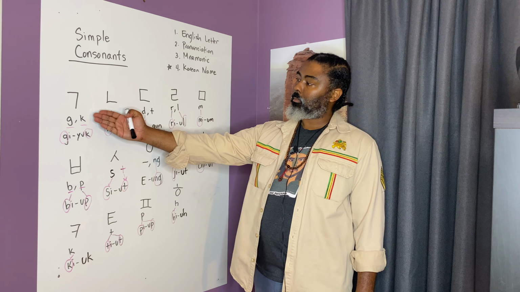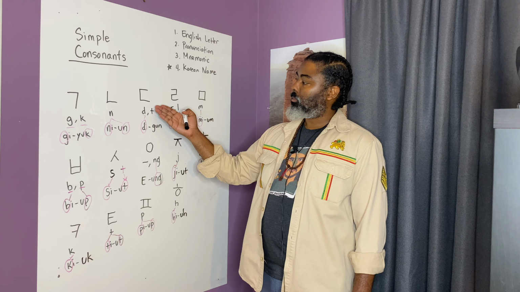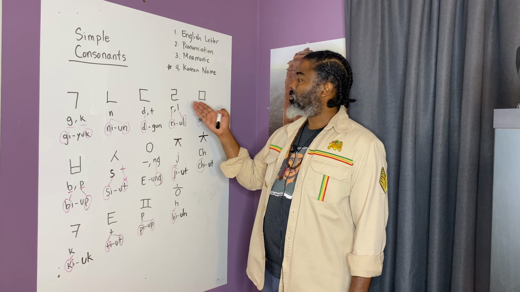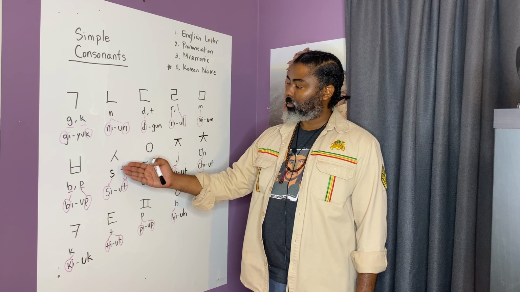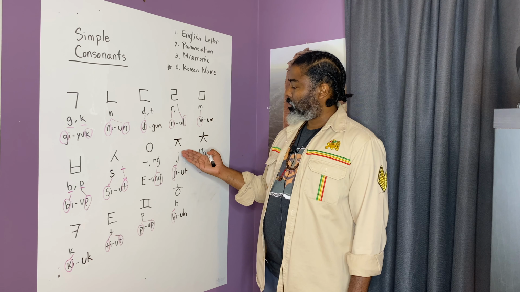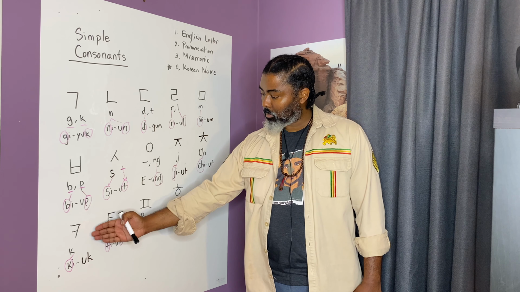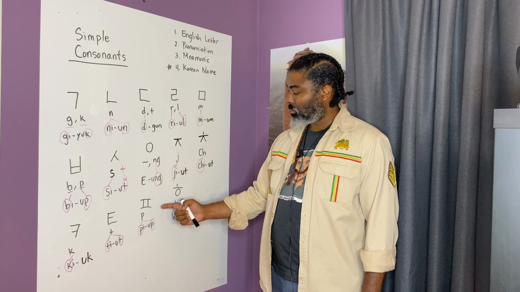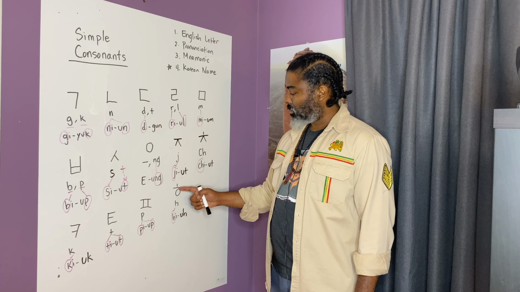Okay, the number 7, the capital letter L, a boxy C, a boxy 2, a square, an upside down A, an upside down Y, a circle, a table with a candle on top, a backwards capital F, the capital E, the Roman numeral 2, and someone wearing a hat.